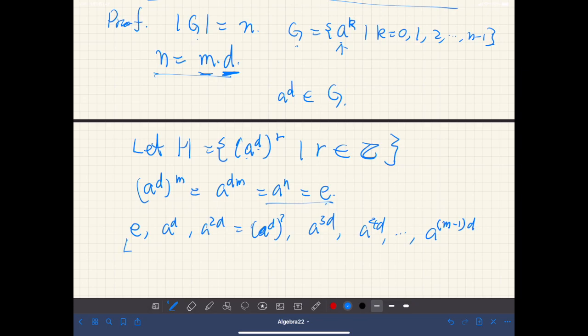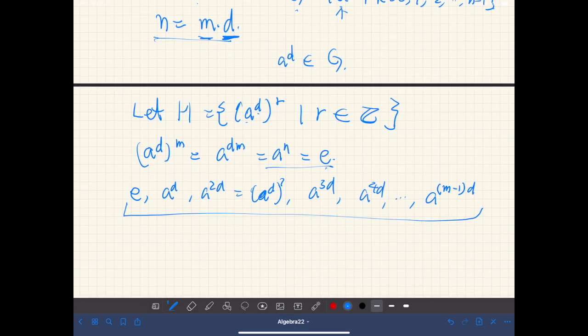So all these elements must be distinct. They must be different from each other because the order of a is n, and the exponents of these elements are less than n. So they must be different.